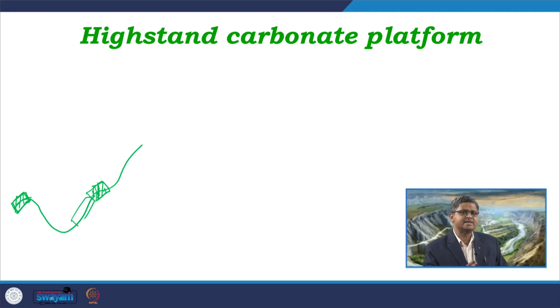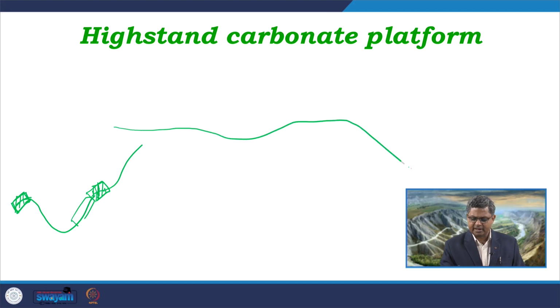During this highstand condition, if we look at the entire carbonate platform, maybe it looks something like this. This is the shelf edge, the shelf slope break.